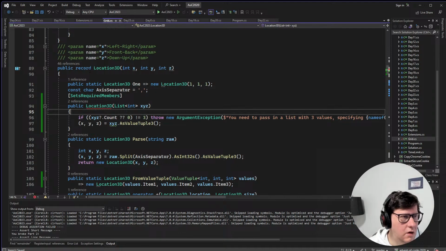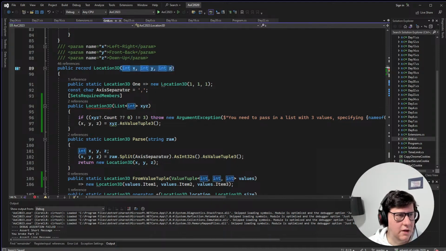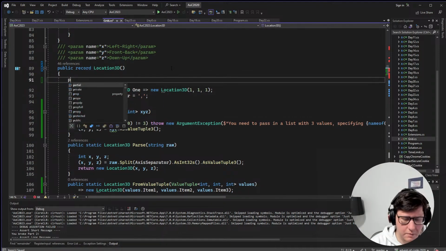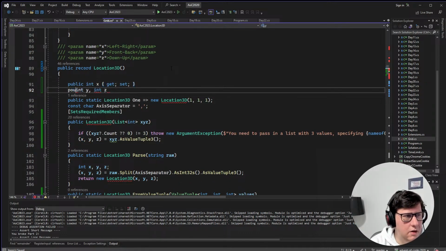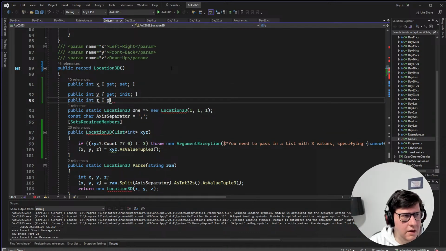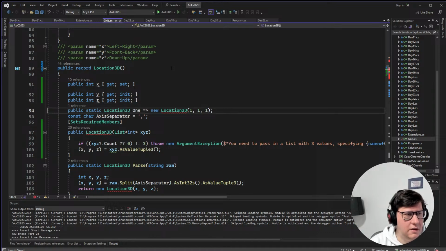This is annoying. So this means that I need to change this into public int, get set. I basically get init actually. Public int z, get init like this, and now it's fine.